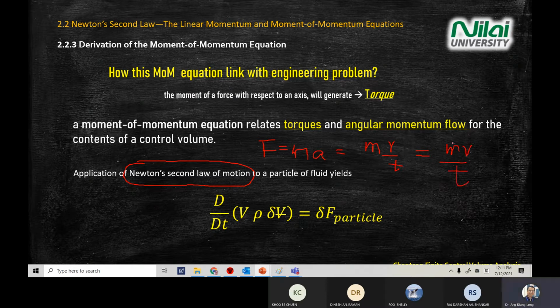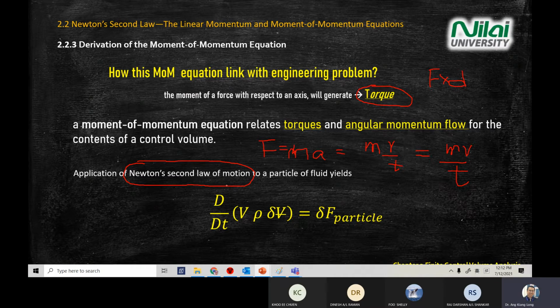And we know that the combination of mv, mass times velocity, gives you momentum. This is what you learned previously. Today we're going to include the concept of torque, or F times D, using the cross product: F cross D to get the torque.